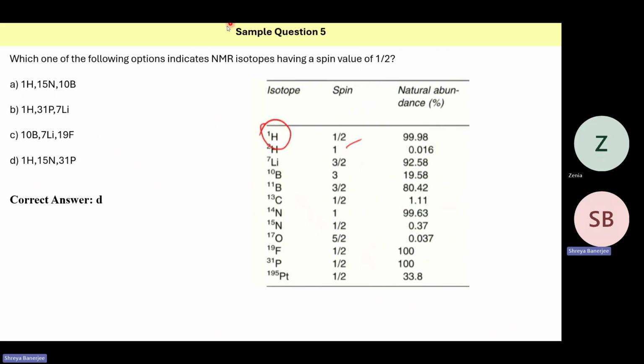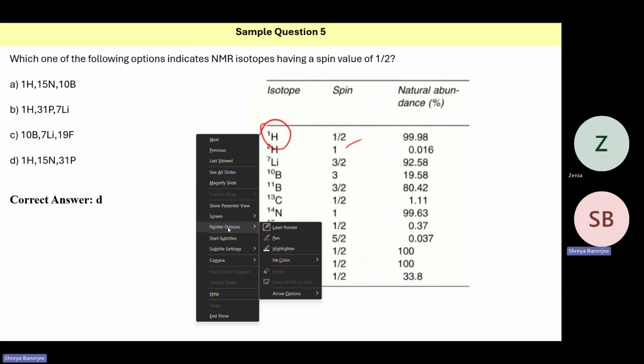So here, if you look at the list of common isotopes used in vitro or in vivo, 1H we know has a spin of half. The others that have a spin of half are 13C, 15N, 19F, 31P, and 195 platinum, which is very, very rare to be used. So in the given options, only option D has 1H, 15N, and 31P, all three of which have spin of half. So the correct answer is D.